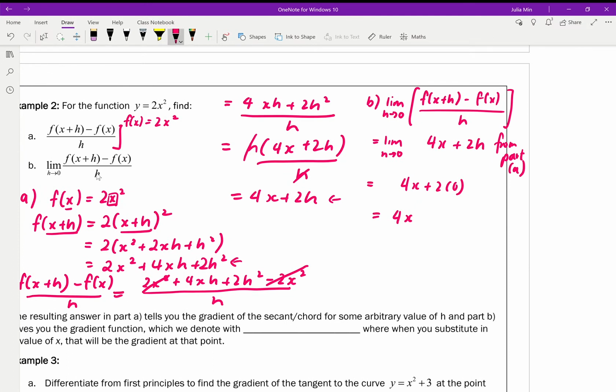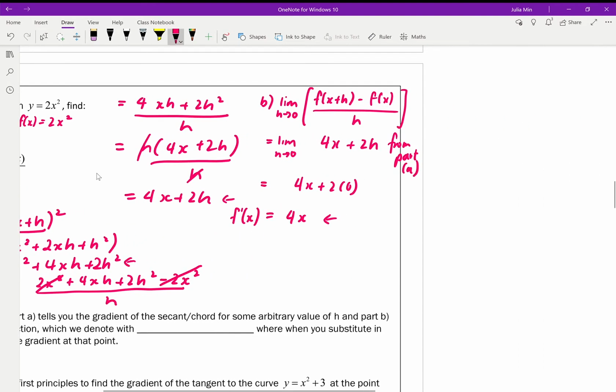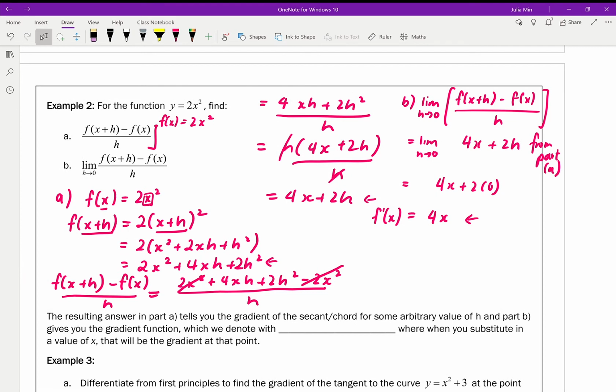Now, this we can say is f dash x, because technically this is the gradient function, much like how we saw it above in the first example where I said, well, the gradient function of half x squared was x, and then obviously y dash is that. So that's the equivalent of what's happening. So the gradient function is that, and so I would have to sub in x values to see what the gradient is at a specific point.